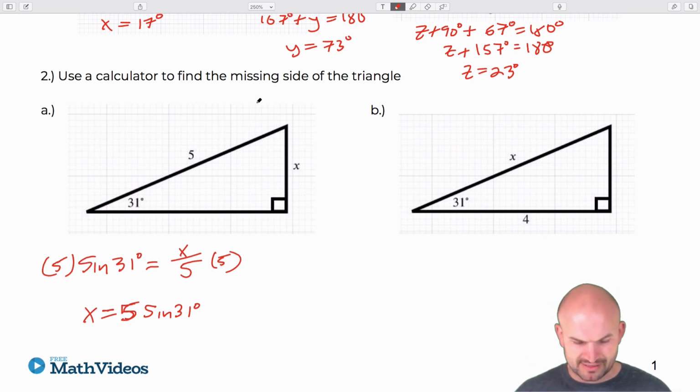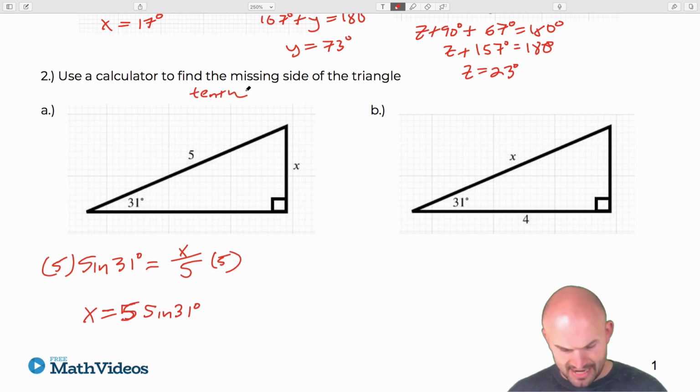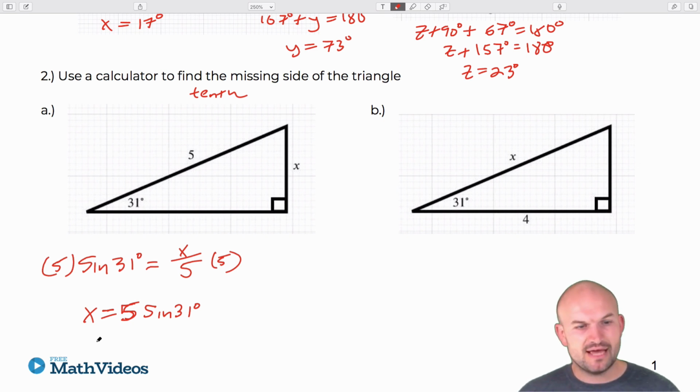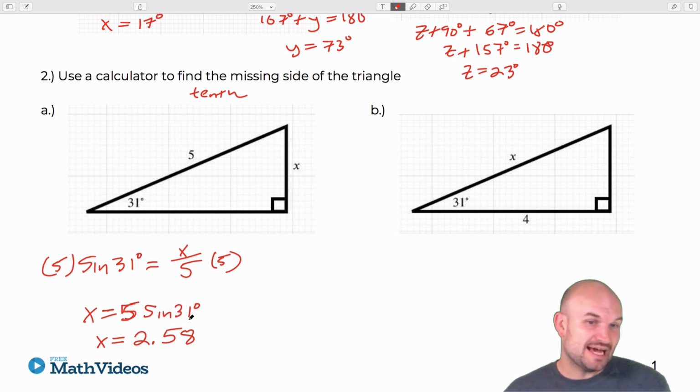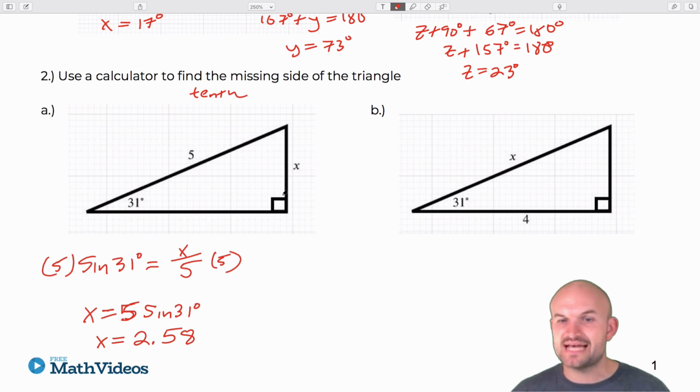I didn't actually write that in there, so let's just do it to the nearest 10th. So I'm just going to type in 5 times the sine of 31, and I get 2.57, and rounding that, x equals 2.58 as I round to the nearest 10th. Okay, and therefore, that's what x is going to equal. That is what that side length is.